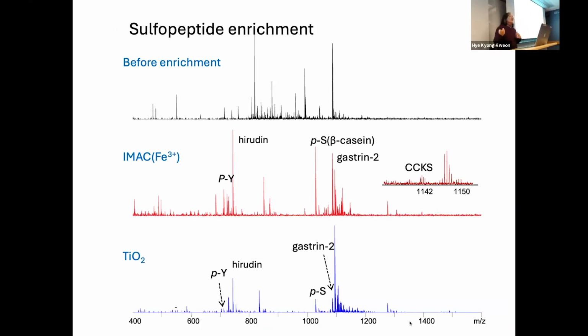Because of those challenges, even two years ago the general norm was that large-scale proteomics for protein sulfation was not feasible, because the sulfation information was lost before detection. The conventional workflow doesn't really work for labile PTMs like sulfation, and back then no selective enrichment method was known.